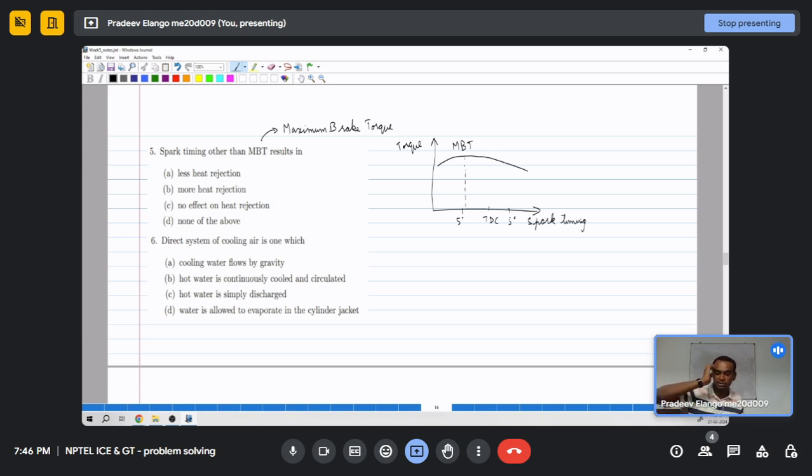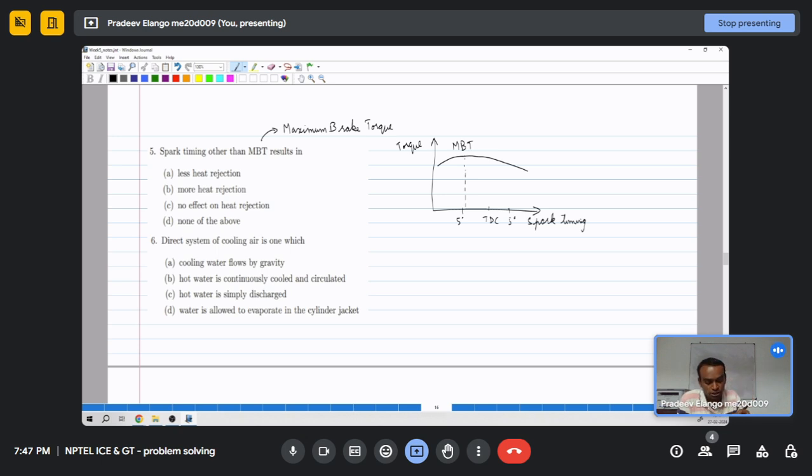So that means it will not be at TDC, because in an ideal cycle we assume the combustion is instantaneous, and that is why when we have the combustion at TDC, at the minimum volume point, you will have more work output. But in reality, there will be some combustion duration. Combustion cannot be instantaneous. It will take some 20 degrees or 40 degrees crank angle. And spark timing is the indicator of the initiation of the combustion.